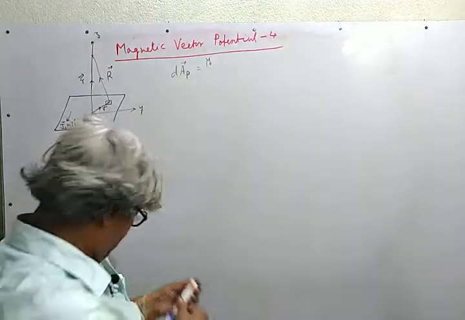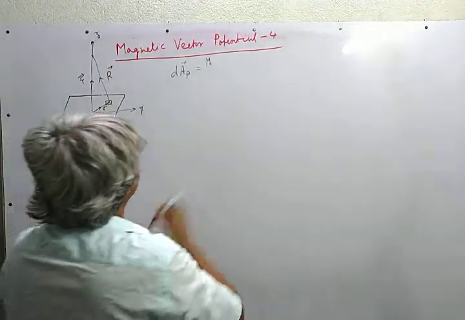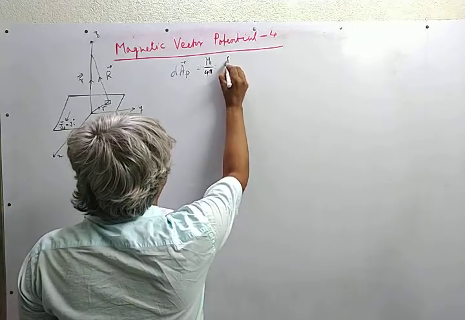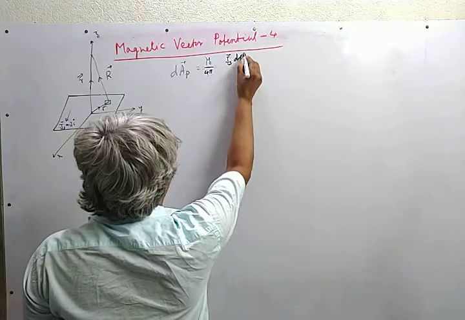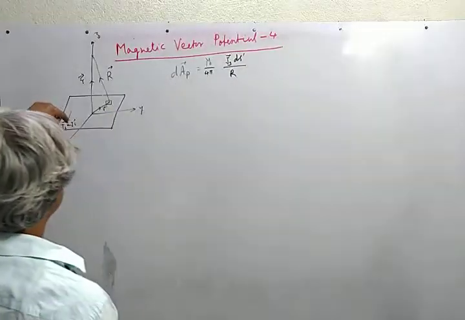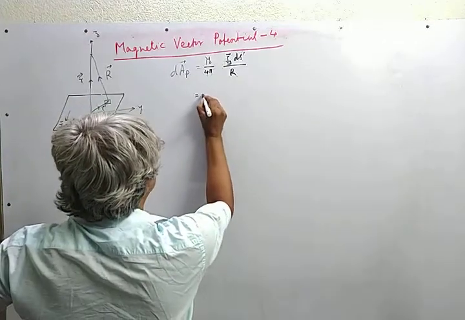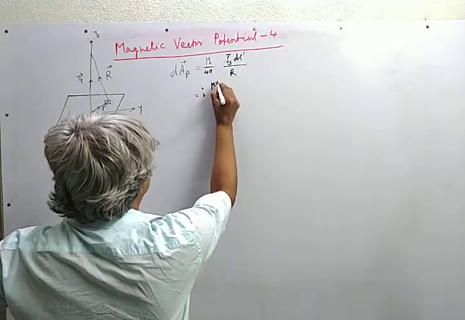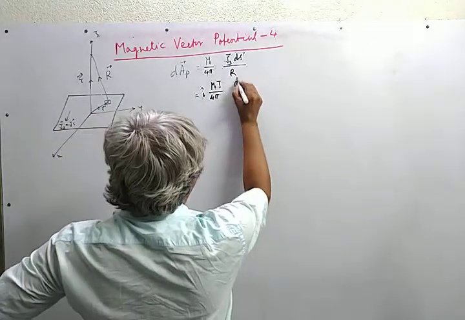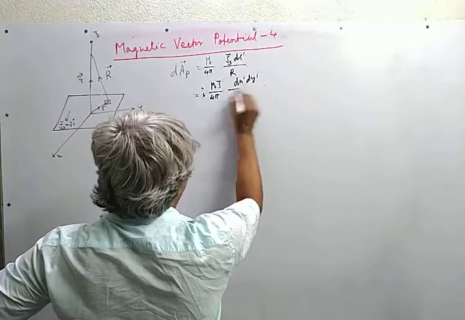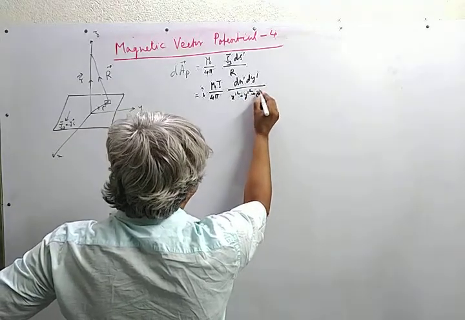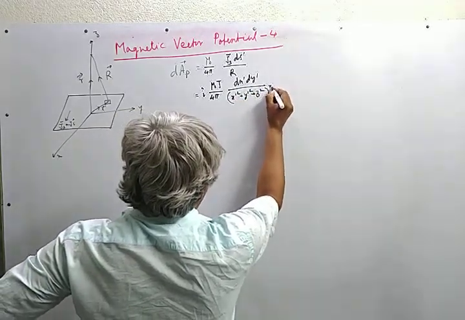mu 0 upon 4 pi Js ds prime by r. Now Js is J times i cap, so this is i cap mu 0 J upon 4 pi, and for ds we write dx prime dy prime, and for r it is (x prime square plus y prime square plus z square) to the power half.